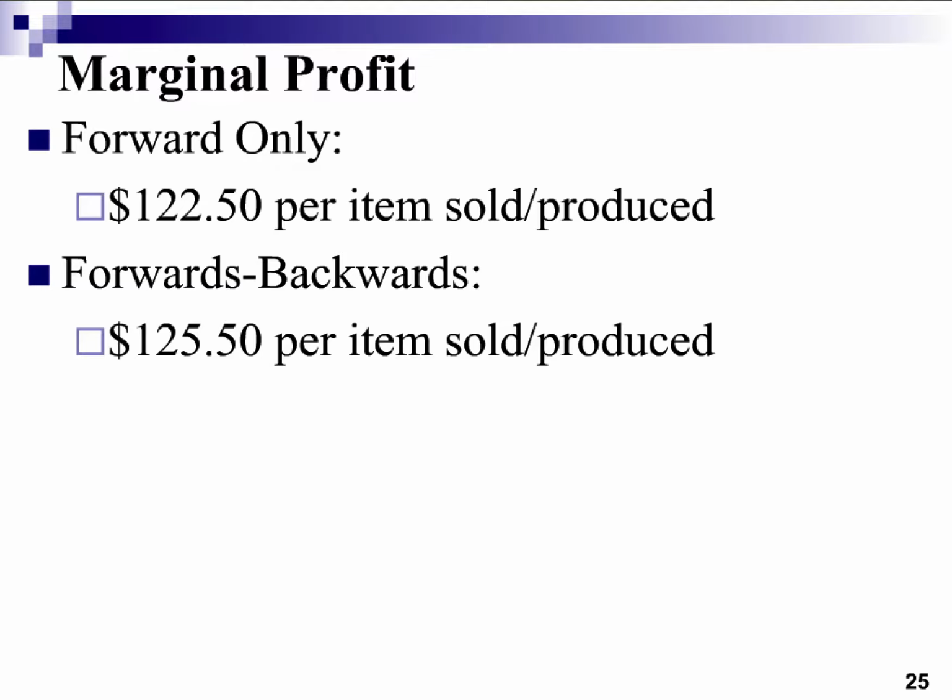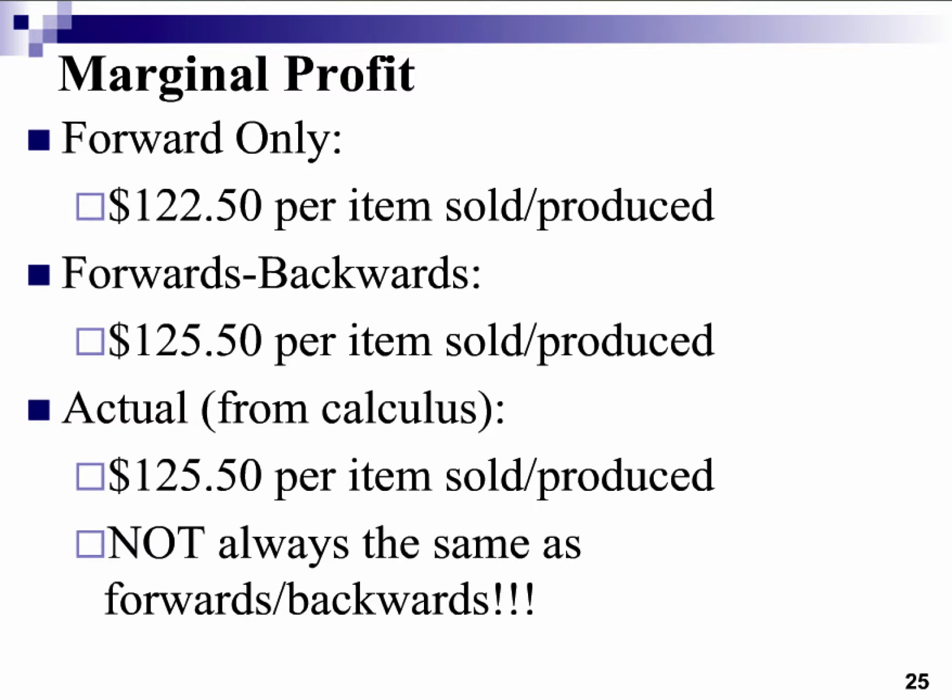So hopefully you've sketched a curve of these two possible estimating methods on paper. Now I want to tell you what the actual result from calculus is. It is actually the same as the forwards-backwards method. Generally speaking, the forwards-backwards method will be a better approximation.